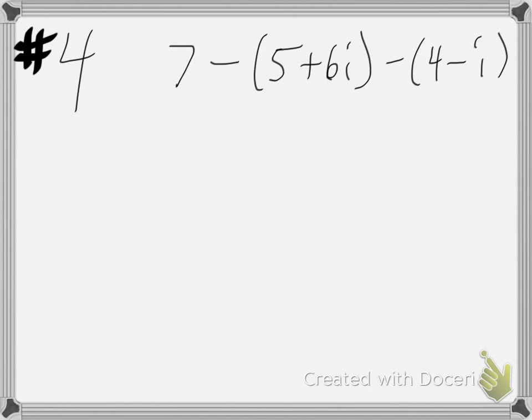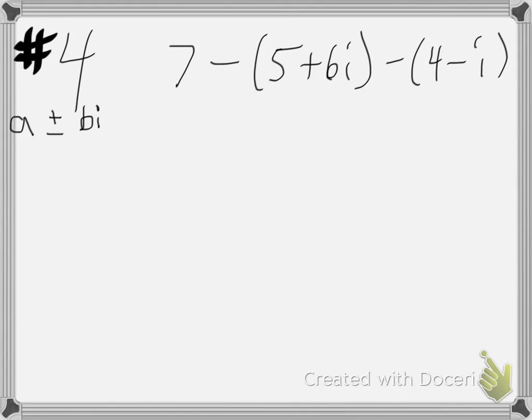And remember, we wanted it in standard form. Standard form of a complex number is a real part, A, let's call it, plus or minus an imaginary part, which we're calling bi. It could be a plus bi or a minus bi. So that's what we're looking for.